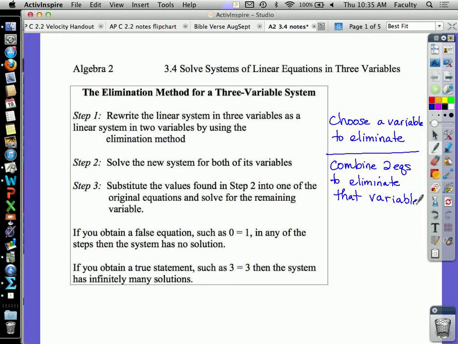What this does for you is create a system of 2 equations, and then you just solve that.